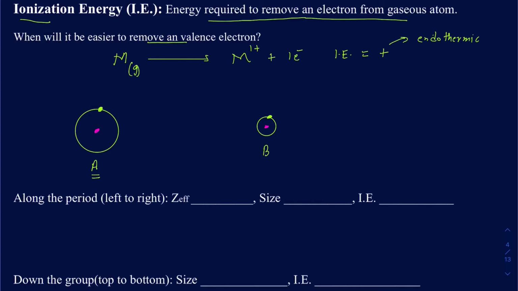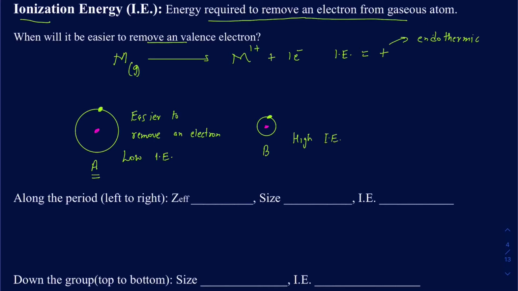So in case of A, it's going to be easier to remove an electron than in case of B. Another way of saying it, A has low ionization energy, and the electron in atom B will require high ionization energy.